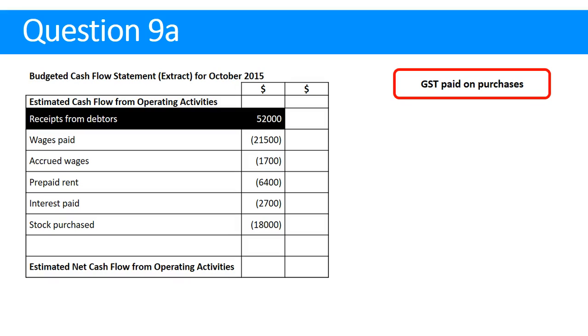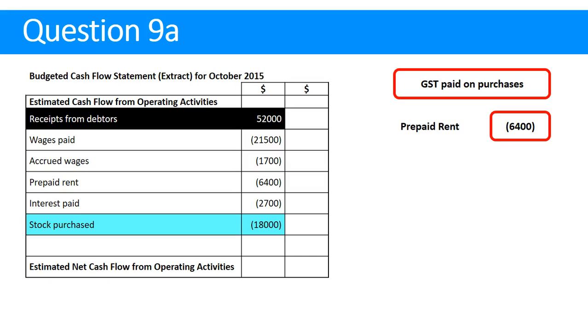Now that's an inflow, so we're not worried about that one. All we're going to do is go through each item one by one and figure out which ones have GST. So we've got wages paid, which does not have GST, and therefore neither does accrued wages. Looking at prepaid rent, rent is an item that has GST, so we better put that into our calculation for GST payments. Interest is an expense, but it doesn't have GST, so we can ignore that one.